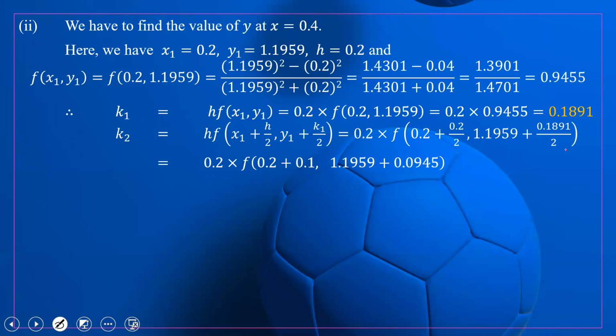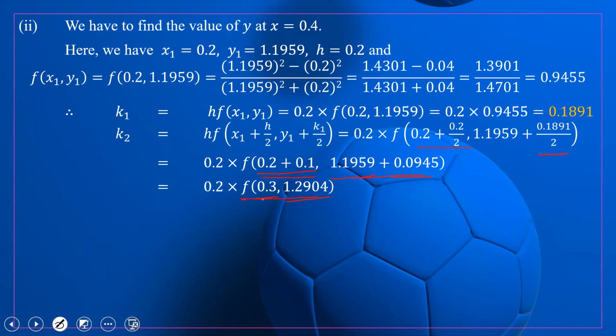If we simplify it, it is 2.2 plus 0.1 and 1.1959 plus 0.0945, which simplifies to 0.3, and adding we get 1.2904.